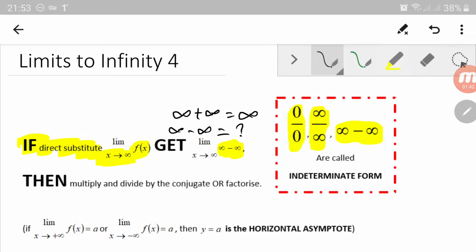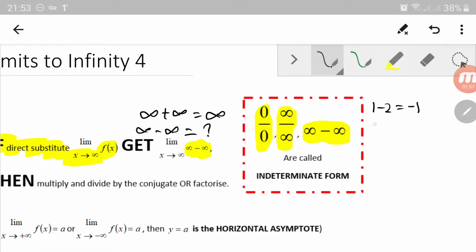If it's a subtraction, for example, over here on the right hand side next to the box of indeterminate form, 1 minus 2 is minus 1. Now, 2 minus 1 is 1. So from this example, we know that if we arrange 2 numbers and subtract them, the answer differs depending on the order.